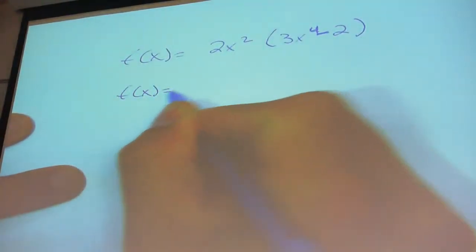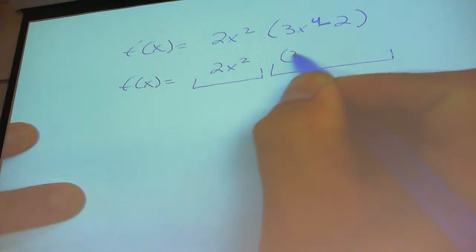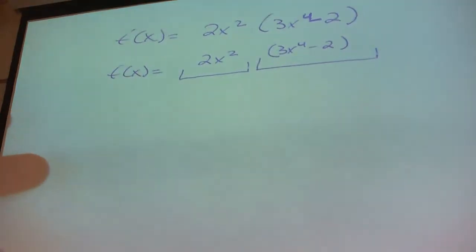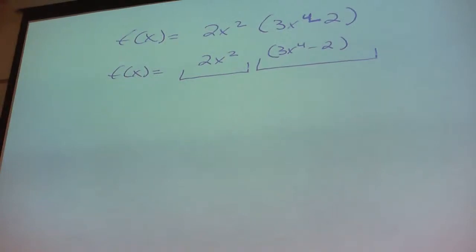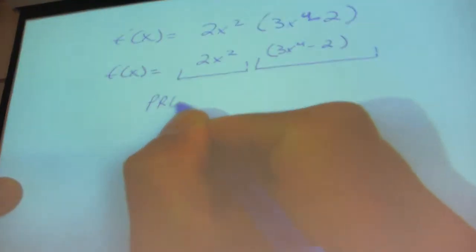The first thing is 2x squared. The second thing is 3x to the 4 minus 2. So can we all agree and identify that we have 2 functions being multiplied? Are we good? Make sense? So when you have 2 things being multiplied, we follow the product rule.